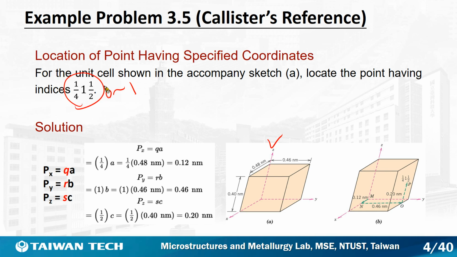So if you see point indices like 1 to 1, then this is wrong. The first one is the fraction for x, then the fraction for y, and the fraction for z. So this is our unit cell.